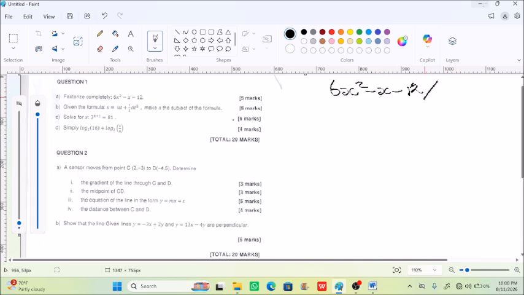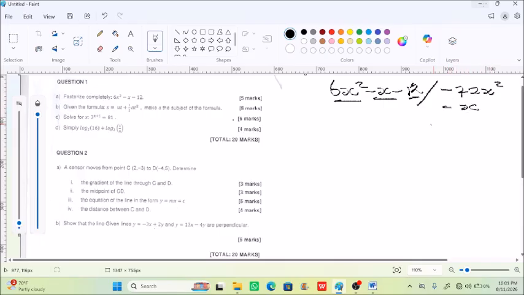So we first find the product by multiplying 6x squared by negative 12, which is negative 72x squared. This is our product, and our sum is negative x, which is negative 1. Now we look for two numbers that multiply to give negative 72x squared and add to give negative x.